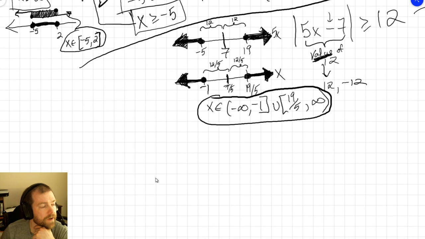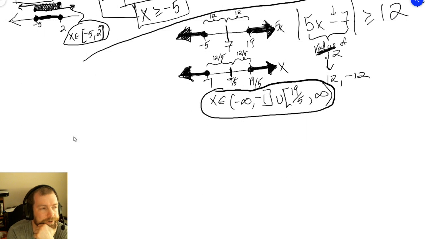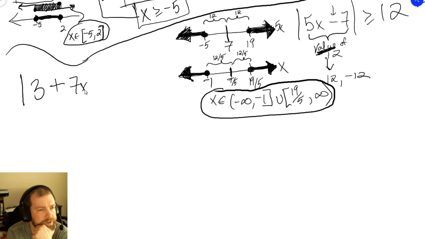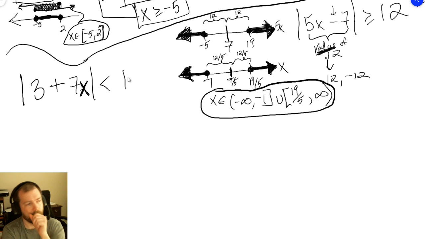All right, and then regardless of what we're doing here, one of the other types would be something like the absolute value of 3 plus 7x less than 1.